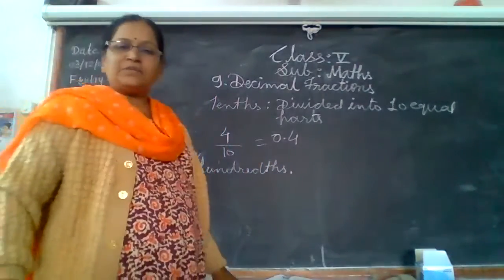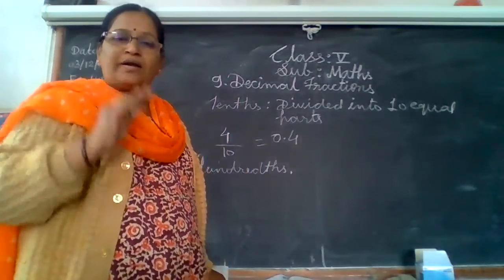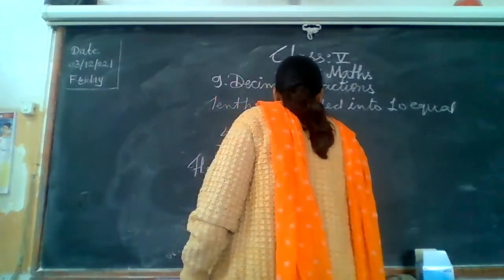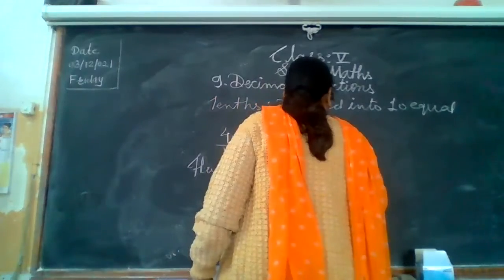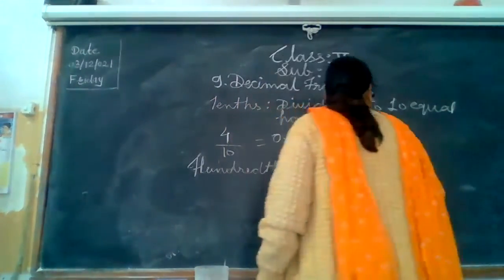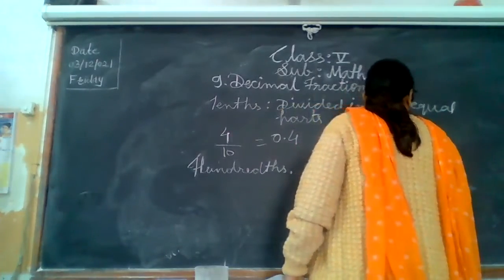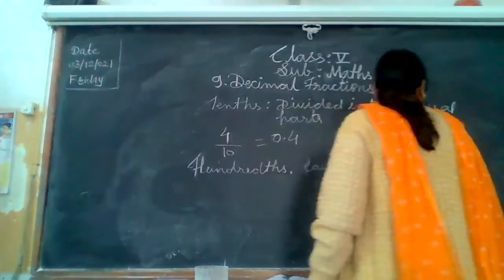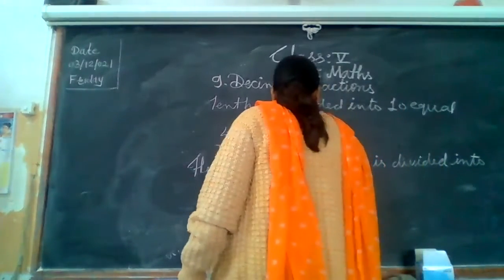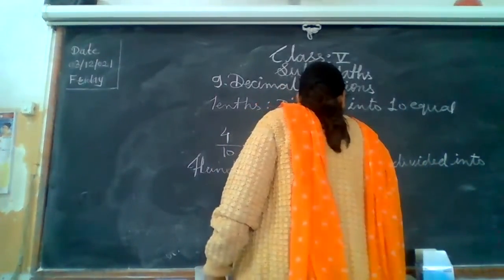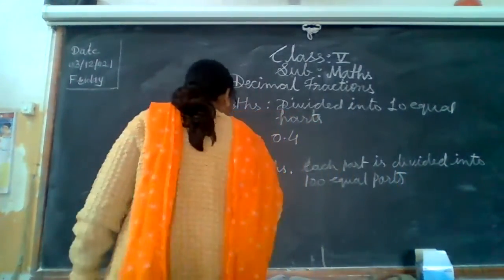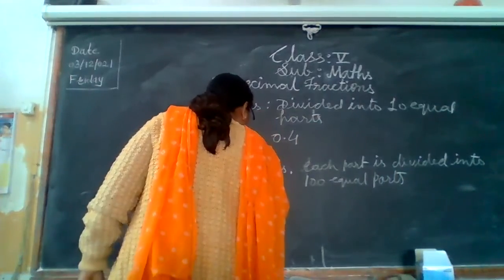Hundredths means here each part is divided into 100 equal parts. Suppose it is 5 upon 100.